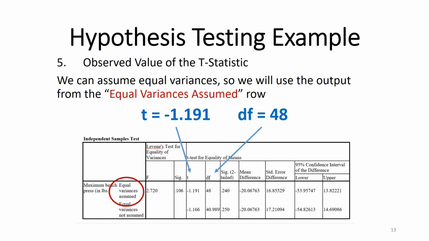So our observed value of the t-statistic, as I said before, you don't have to compute it, you just have to find it. Since we can assume equal variances, we're going to use the output from the equal variances assumed row. So for our t-statistic, we just pick the one that matches that. Our observed t-statistic is going to be negative 1.191.